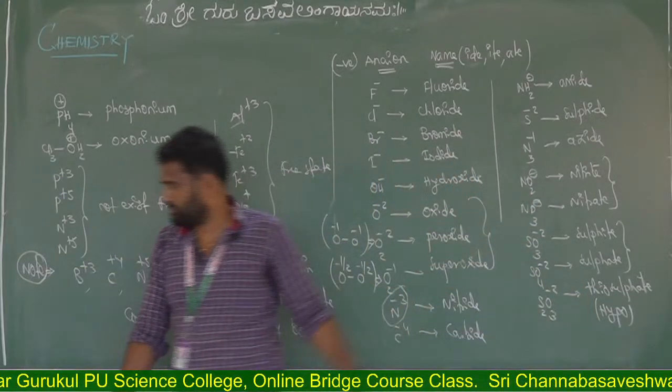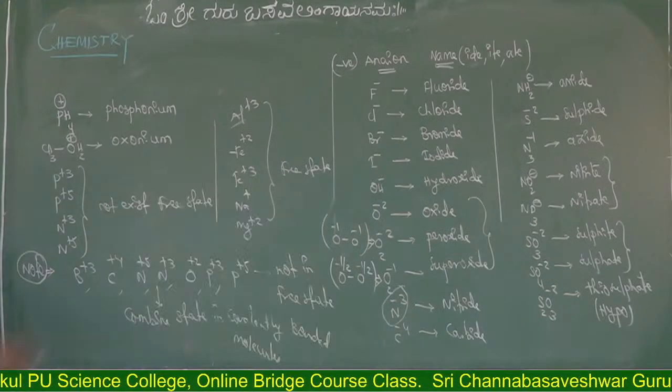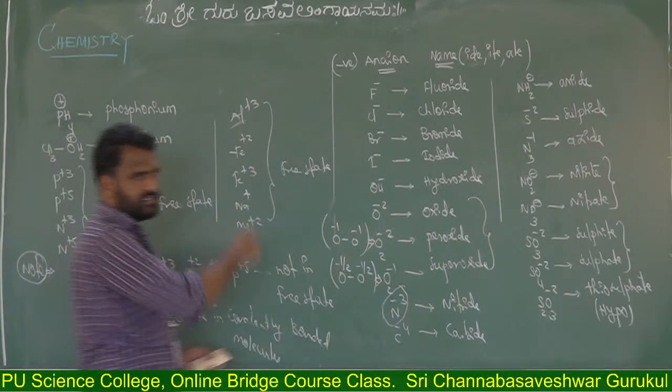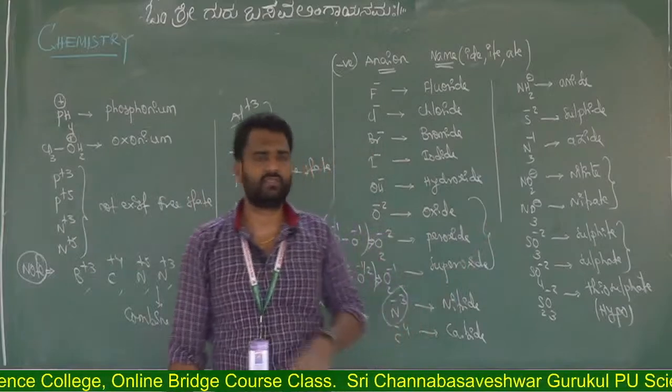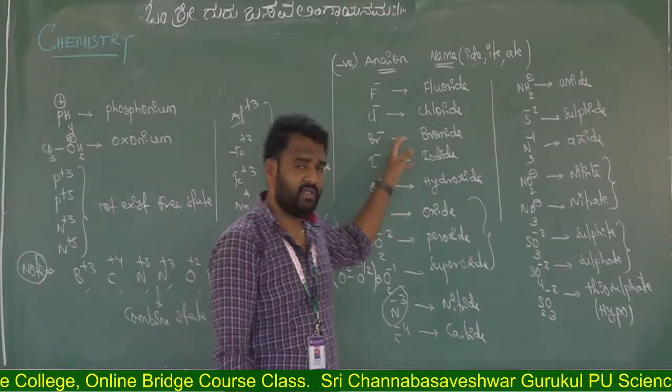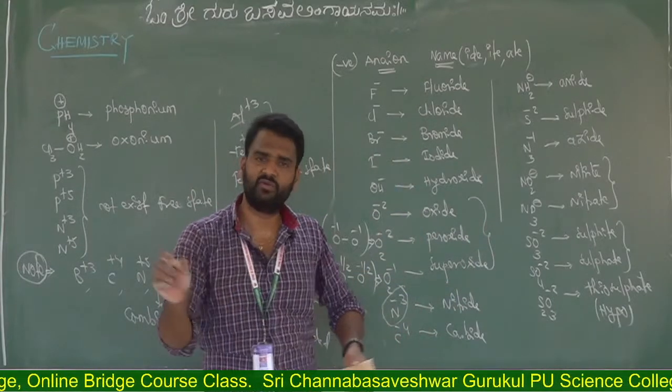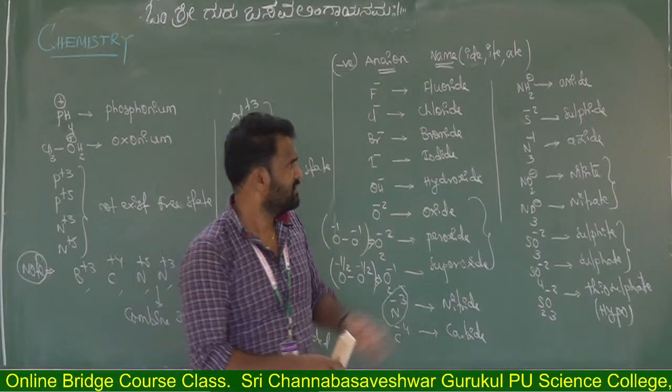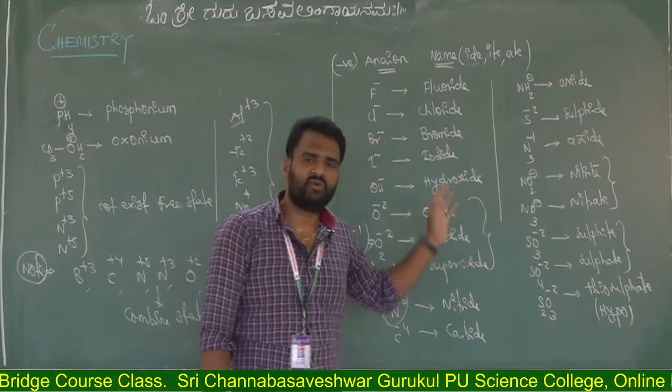There are a few more negative ions. Let me continue. Please, all students, keep running notes. In those running notes you have to write the cations and anions list, and you have to memorize all cations and anions.